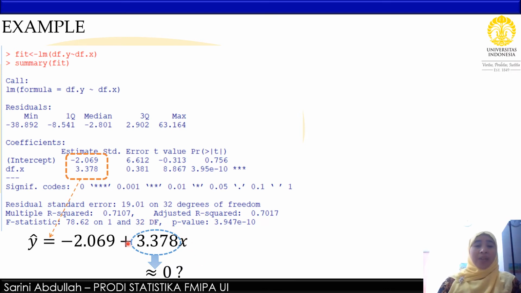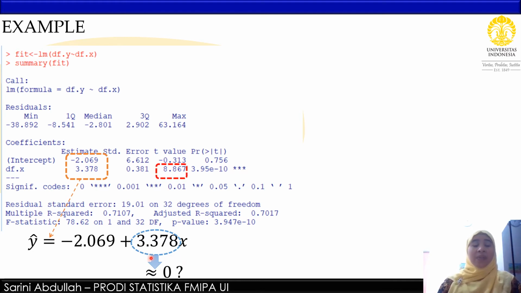Okay, so here we get the calculated value of beta 1, the estimated value of beta 1 is given by 3.378. Mathematically speaking, this value is different from 0. But is it statistically different from 0? That's what we need to test.